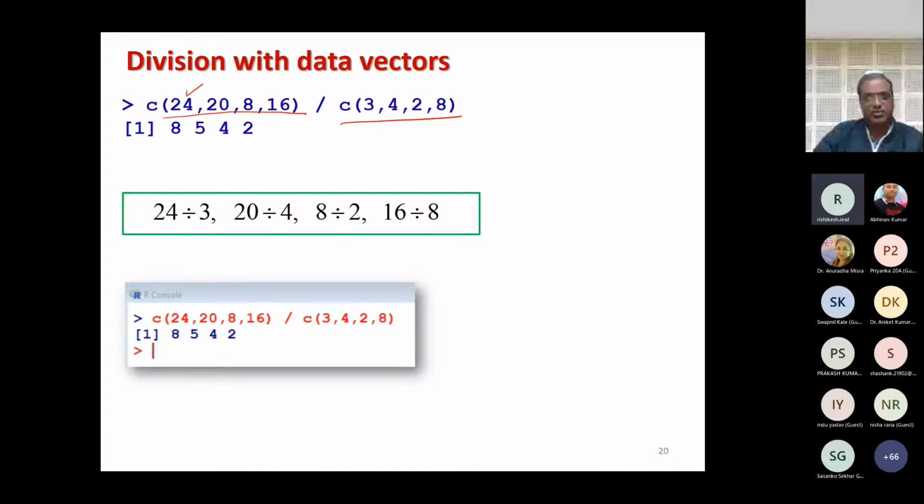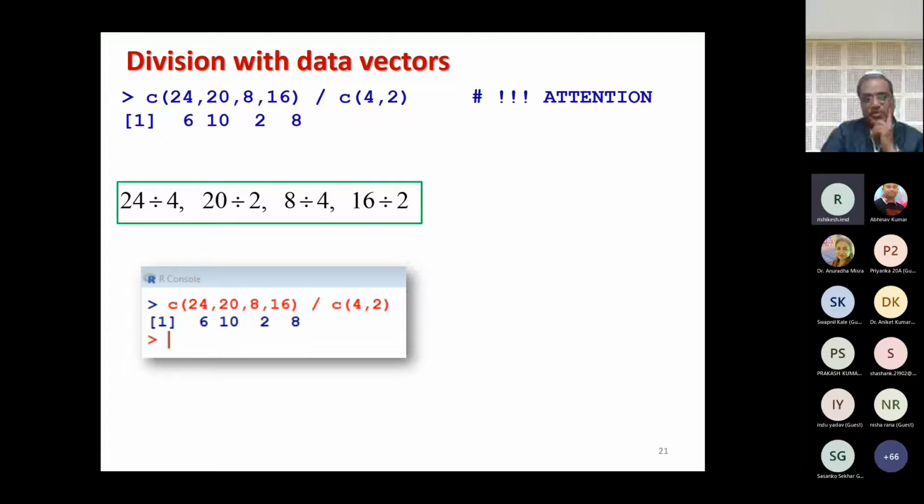So the first positions of the first and second data vectors will be divided. Similarly, the second, third, and fourth positions of the first and second data vector are going to be divided. So that is going to be here 24 by 3, 20 by 4, 8 by 2, and here 16 by 8. Right, so you get here this outcome.